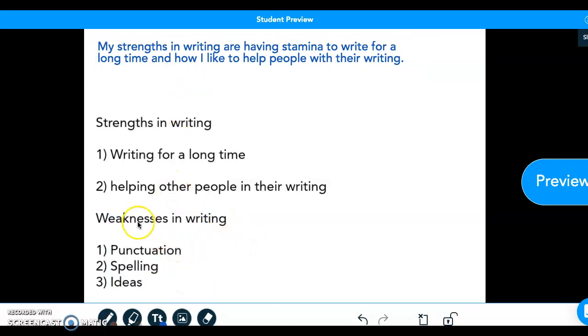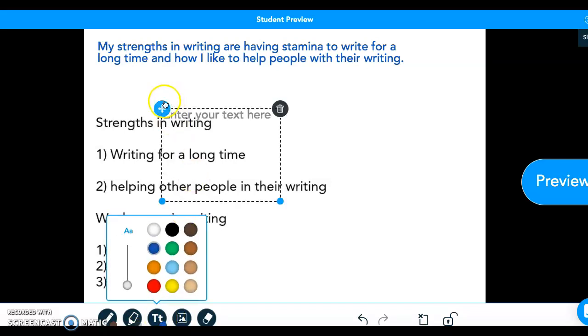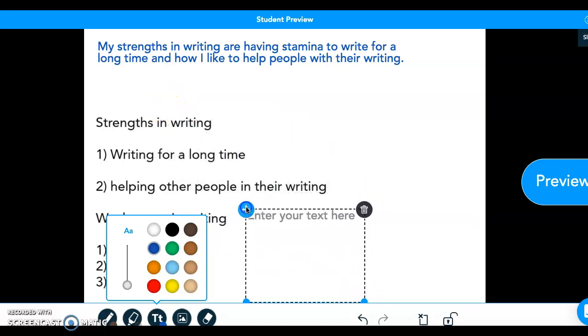For the weaknesses in writing, I might say as my main idea something along the lines of, my weaknesses in writing are punctuation, spelling, and coming up with ideas to write about.